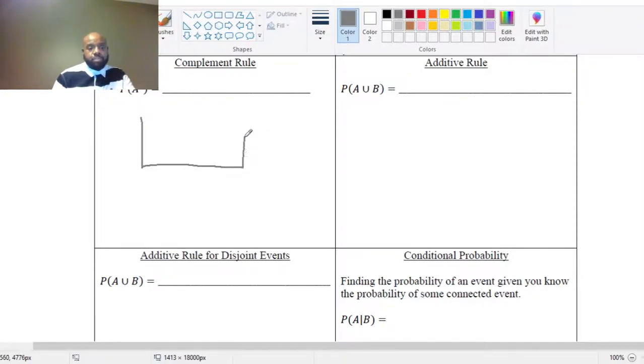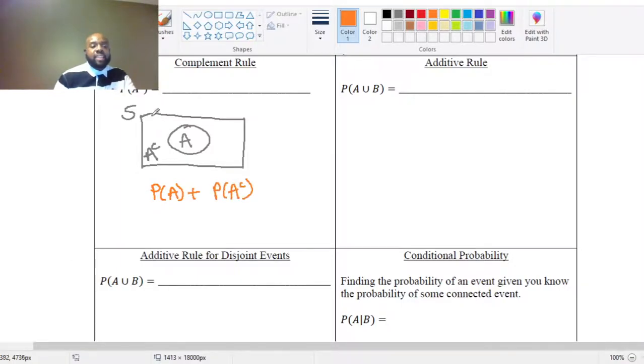And so just as a review, we're going to draw our sample space. We only have A. This is our event A. And so a complement is everything that's outside of A, right? Now notice if I did the probability of A and I added that to the probability of A complement, because A complement is everything else in my sample space, remember the probability of the total sum of all possible outcomes equals 1.